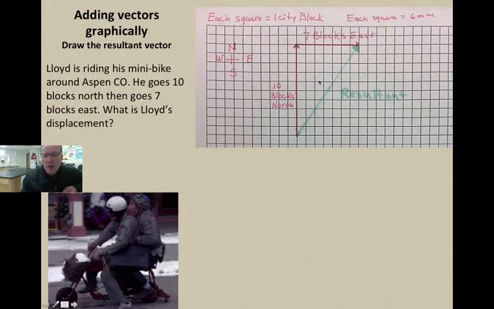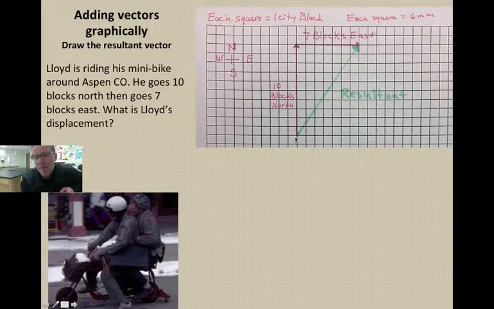The next step is going to be drawing our resultant vector. The resultant is just going to be a line that goes from the tail of the first vector, and you're going to draw a straight line, so you could use a ruler here, to the tip of the last.